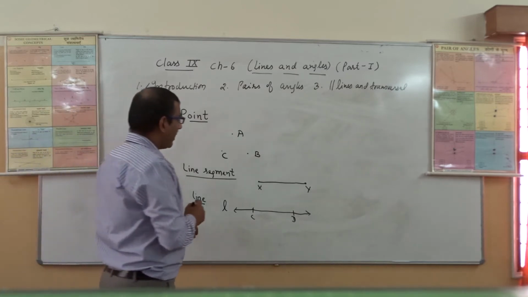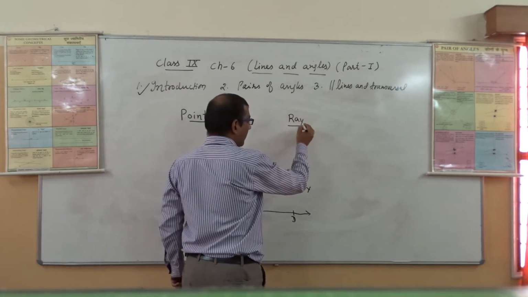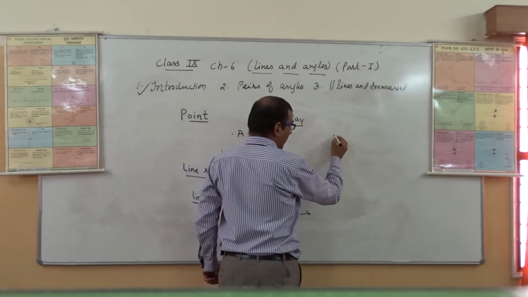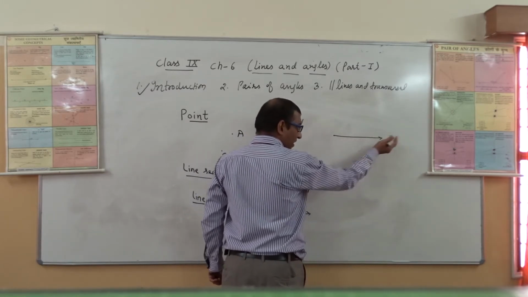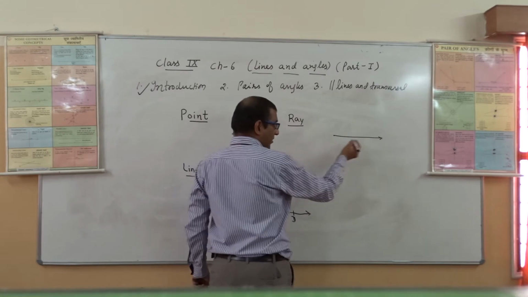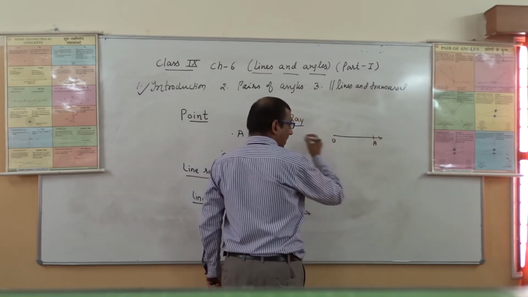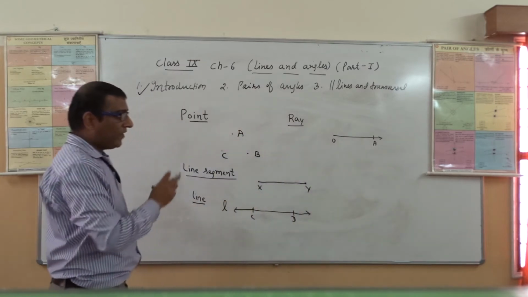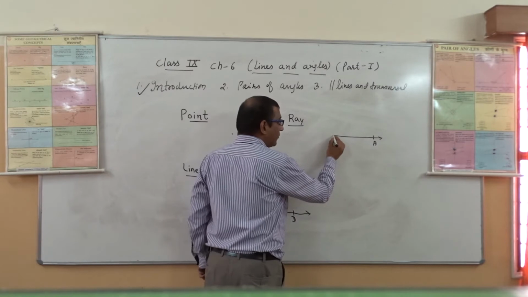Then we will come to the next point, that is ray. What is the meaning of ray? If we take one point here and extend only in one direction, it may be the right hand side or left hand side direction, and if we take one point A here and here we take O, then we can say it has only one endpoint, as you see here.